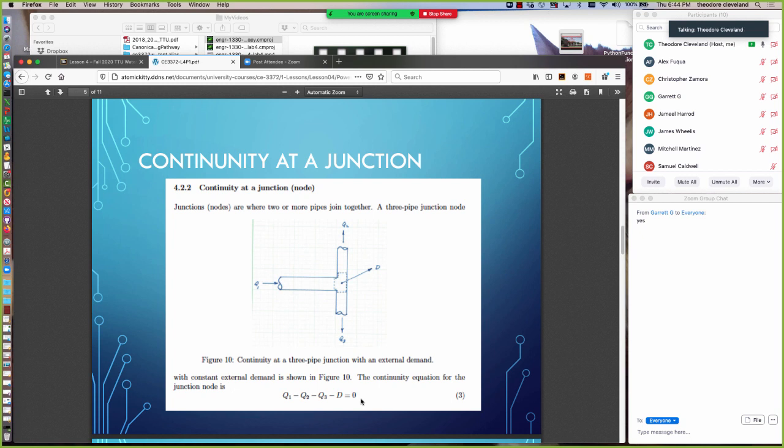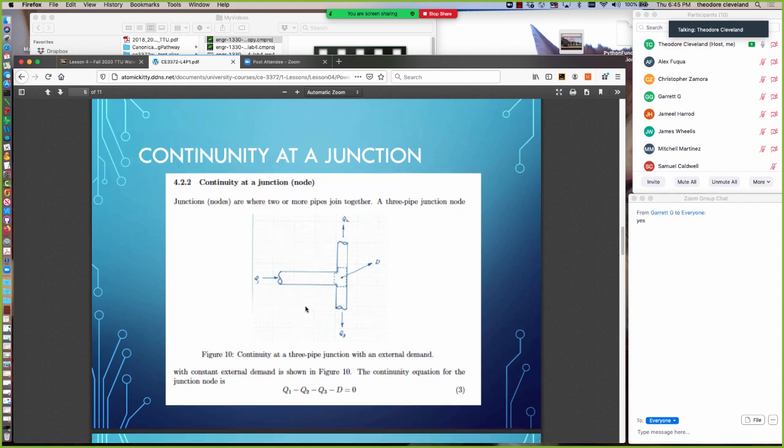So if there's no demand, if its value is 0, it just says that inflows equal the outflows in a junction. And if the value is not 0, that statement is still true. It's just that the demand has become part of the outflow portion of that balance equation. If water is inserted or injected into a network, the demand is considered negative. They don't usually use a different letter of the alphabet.